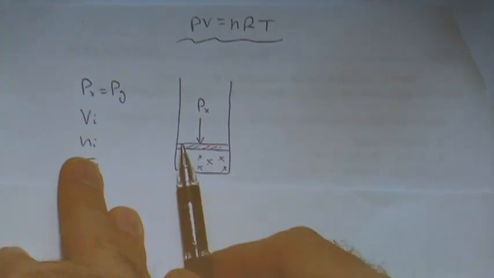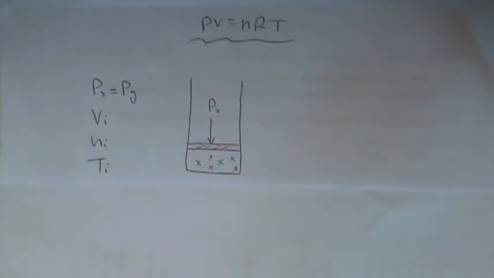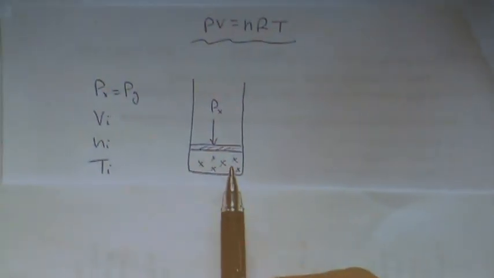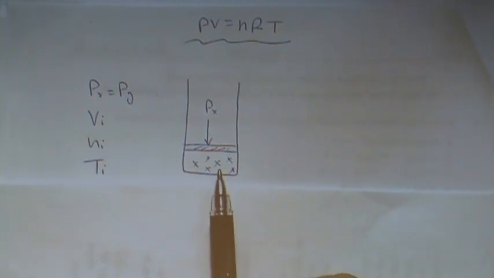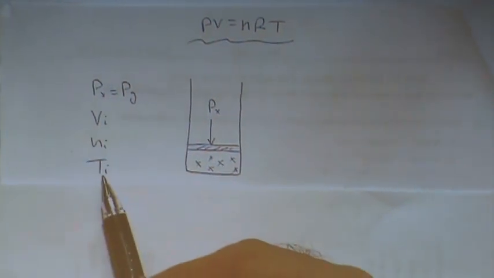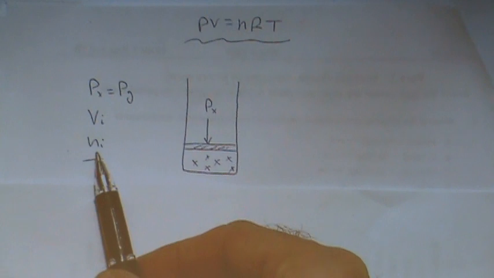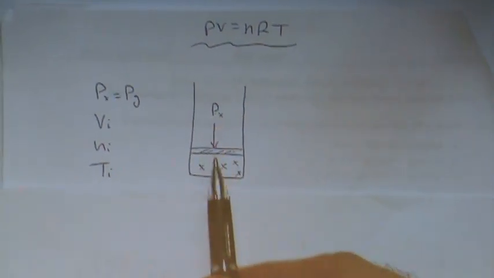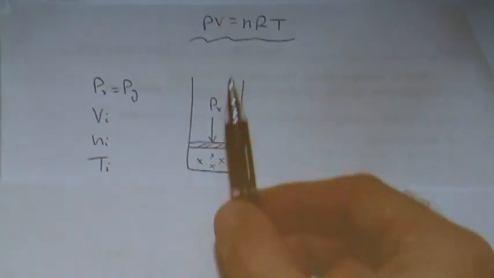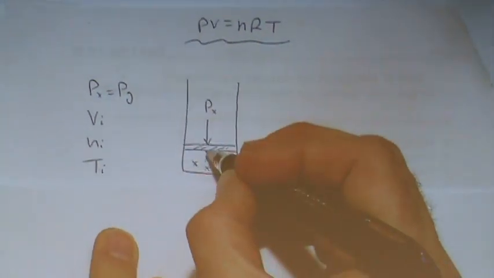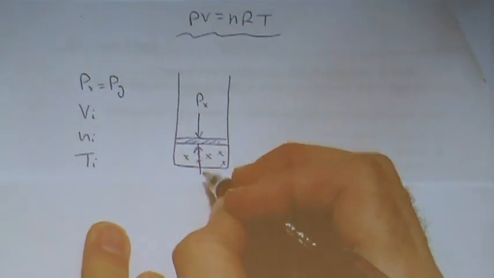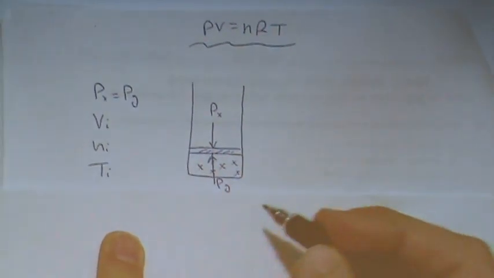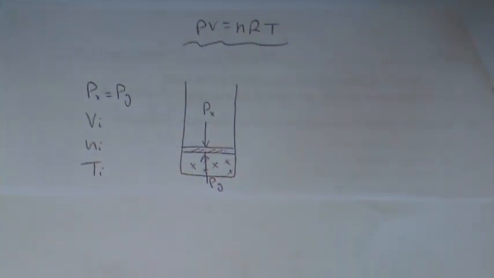At that point it will equilibrate and stay there, and that will be the volume of the gas under these conditions, which means this temperature, this number of particles, and this pressure. Because when it stays there and doesn't move up and down, the pressure of the gas is equal to the external pressure. Everybody got it?